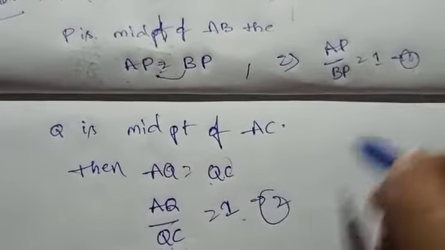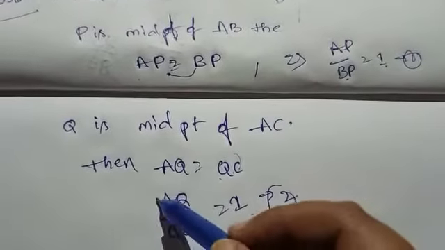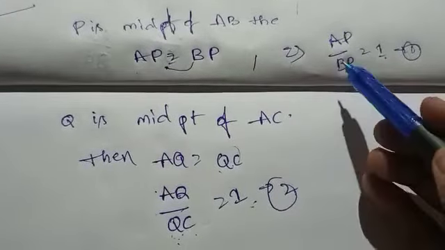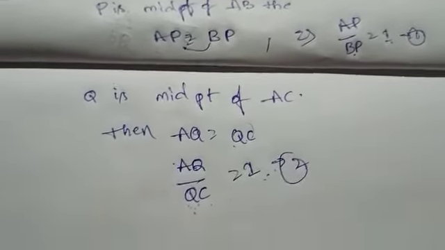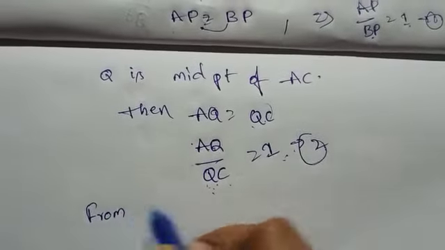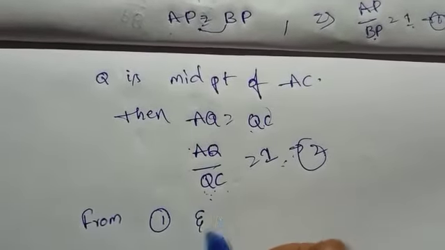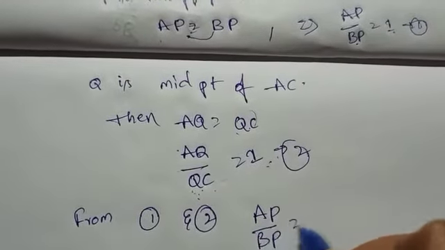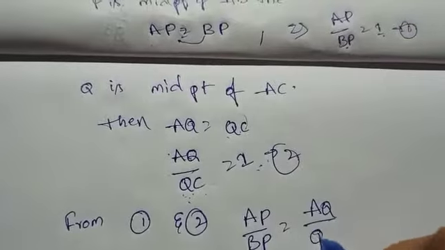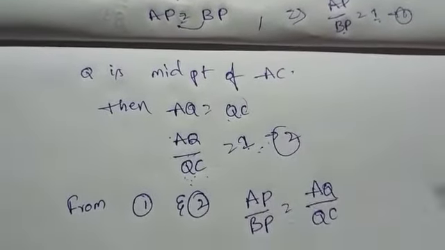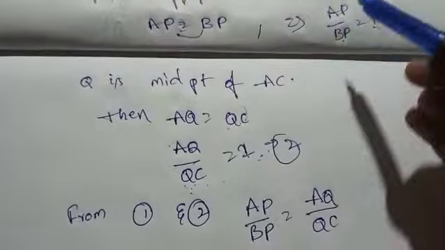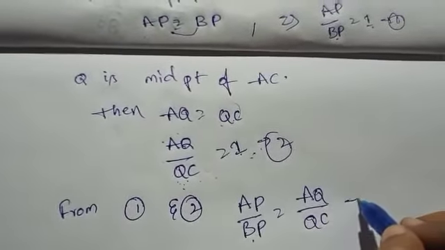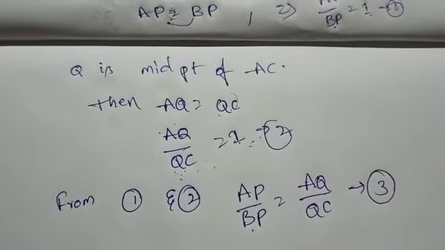See, from equations 1 and 2, AP by BP equal to 1, AQ by QC equal to 1. So equating the ratios from 1 and 2, since 1 is common, we get AP by BP equal to AQ by QC. This is equation 3.